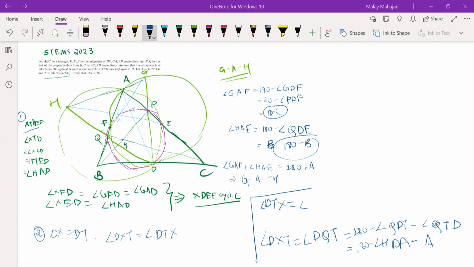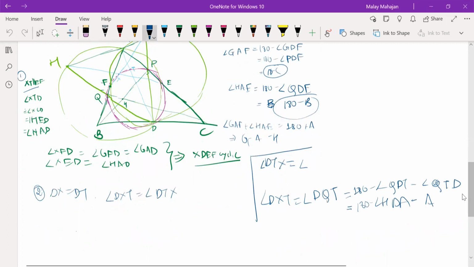Oh, right. So HAD plus HDA is 180 minus AHD, which is, AHD is what? 180 minus AED, which is, okay, we should probably write this too.